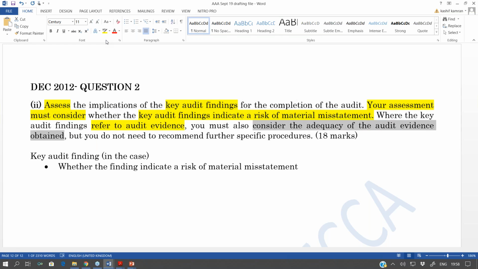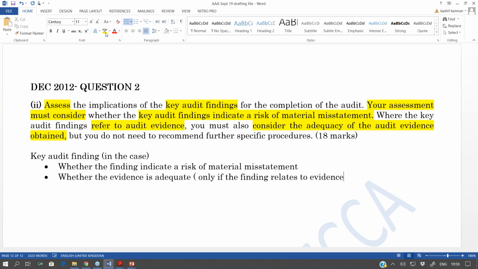So if the finding relates to evidence, we should consider whether the evidence is adequate. Is that exactly what we did in the December 11 paper, whether the evidence is adequate, only if the finding relates to evidence?